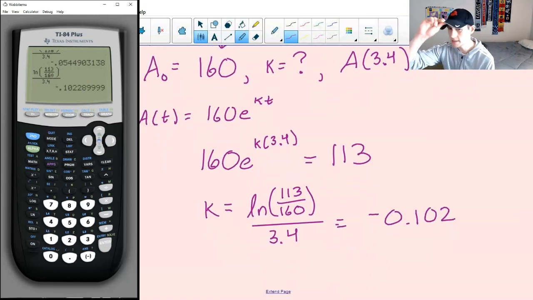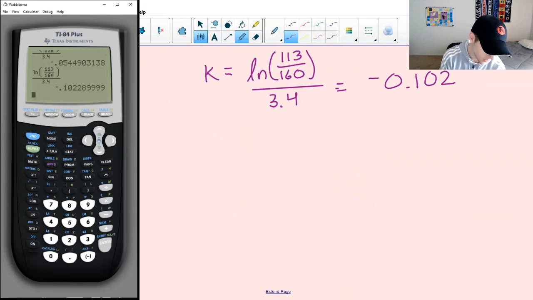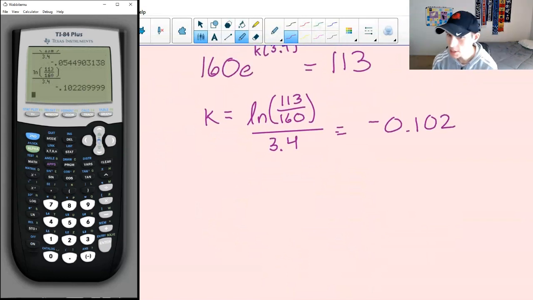It makes sense that my answer is negative because we're talking about things decaying, so it should be a negative value for K. Now let's put this in some context. What does this mean?